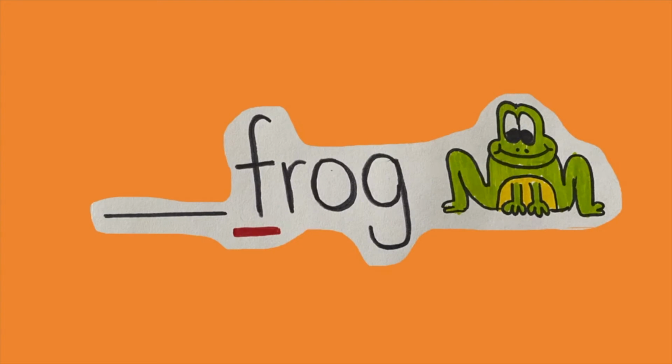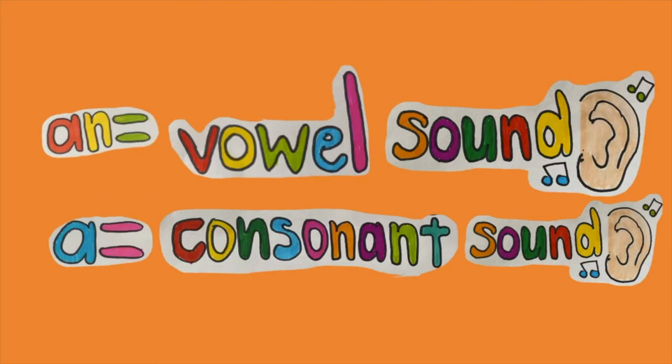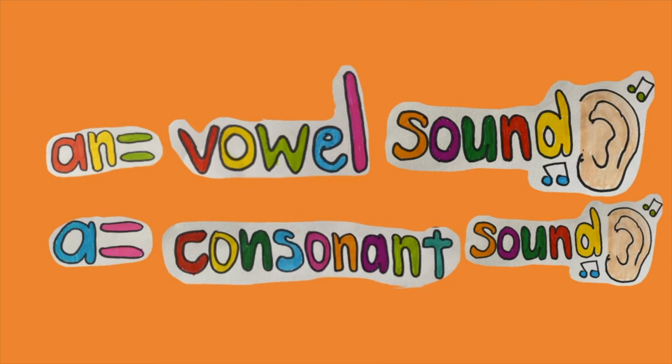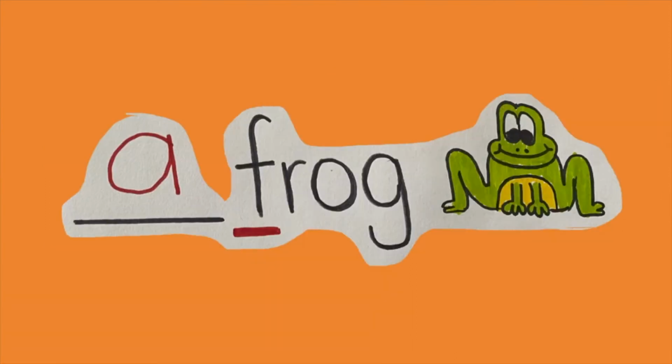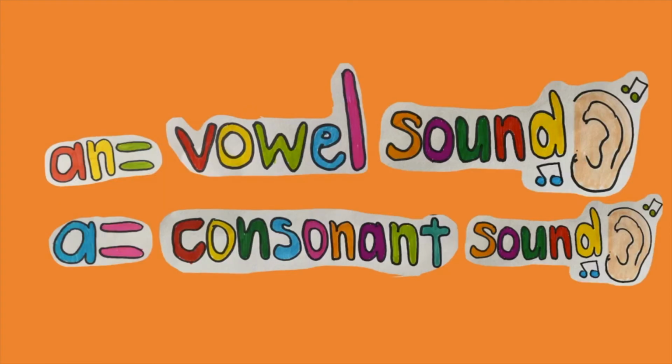Well, what beginning sound does frog start with? F is a consonant sound, so we are going to use a frog. Ribbit, ribbit. That's because we use an for a vowel sound and we use a for a consonant sound.